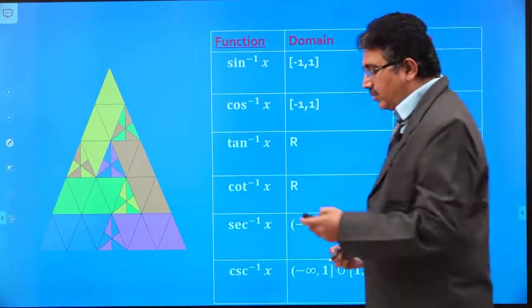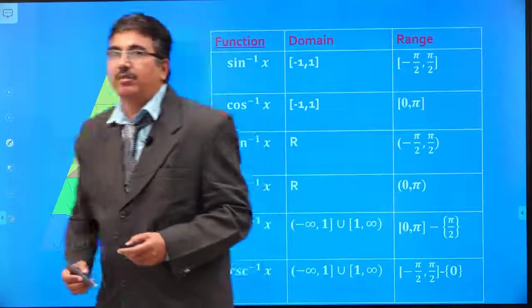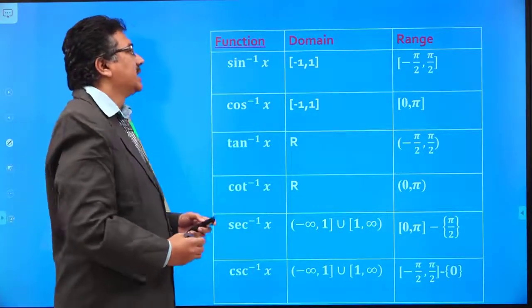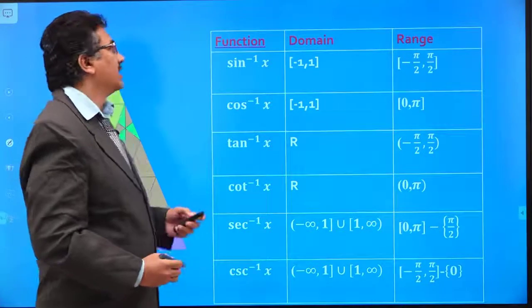Right. Now, the domains and the ranges of inverse trigonometric functions.